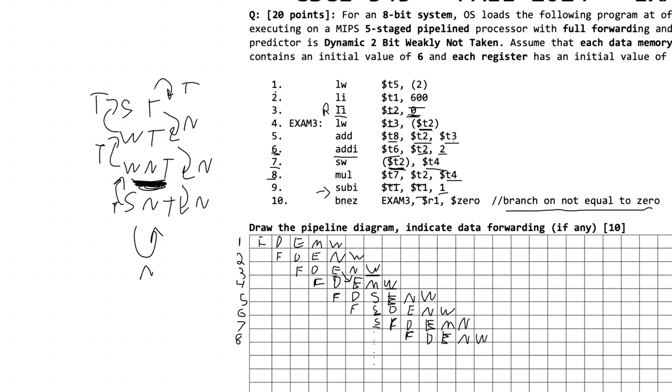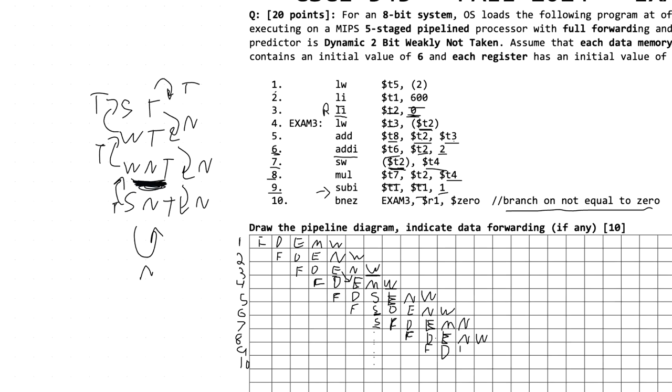Awesome. We got ourselves 9 and 10. Almost there. 9 is another R type. This is going to be T1. So we're going to do fetch, decode. I don't see any data dependencies here. T1 has been declared long ago. There's no problems there.